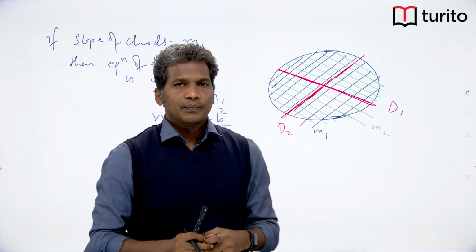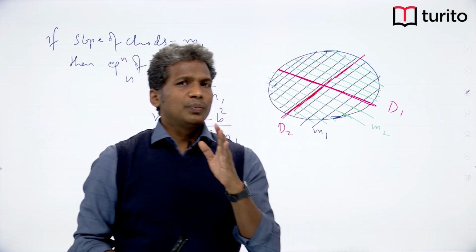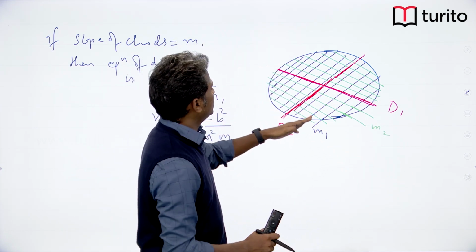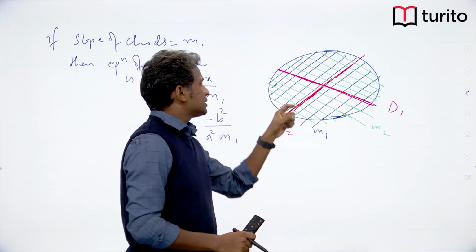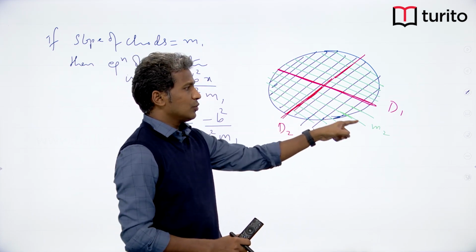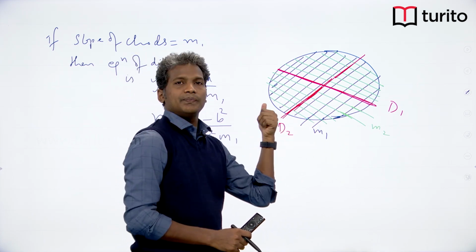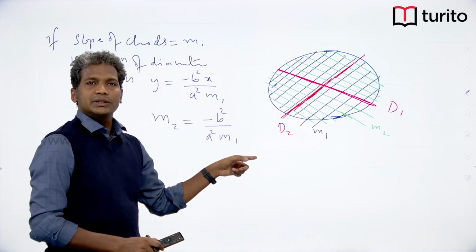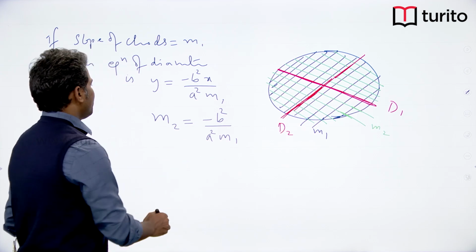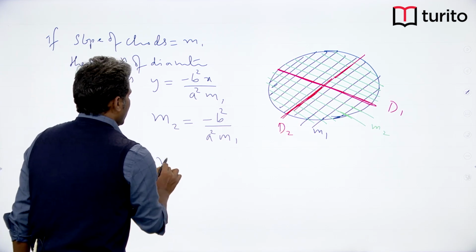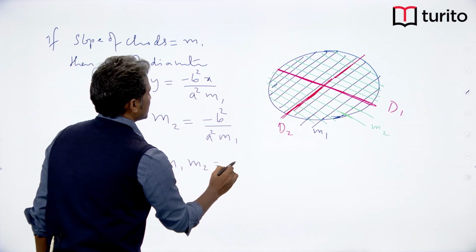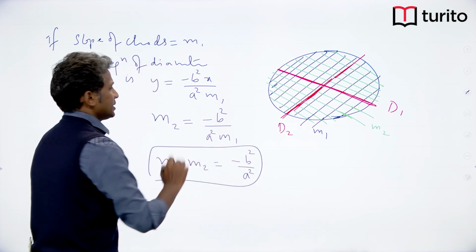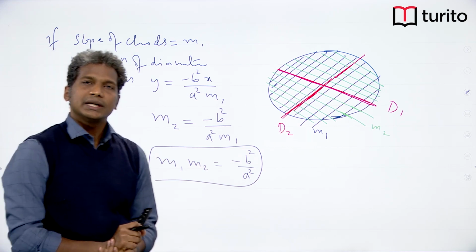All chords having slope M1 give the diameter D1, and all chords having slope M2 give the diameter D2. So M1 into M2 must always be equal to minus b square by a square. This is the property of conjugate diameters.